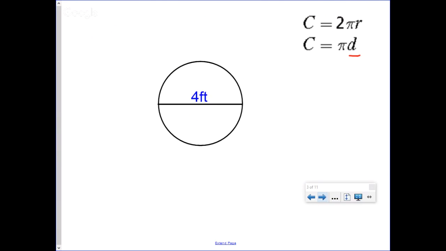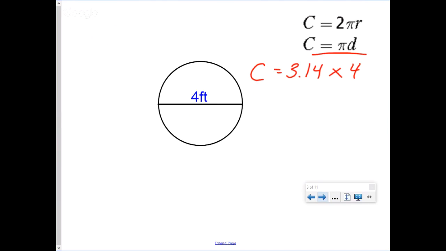Okay, so let's go ahead and use this formula. Circumference equals, what is pi? The abbreviation for pi, because pi is an irrational number, it goes on forever. In math, we abbreviate pi to 3.14 times, what is the diameter of this circle? 4 feet.